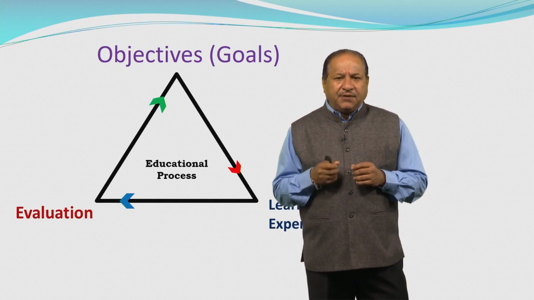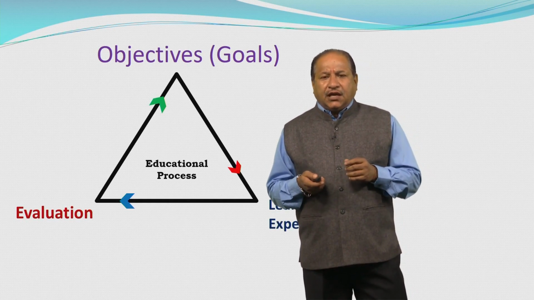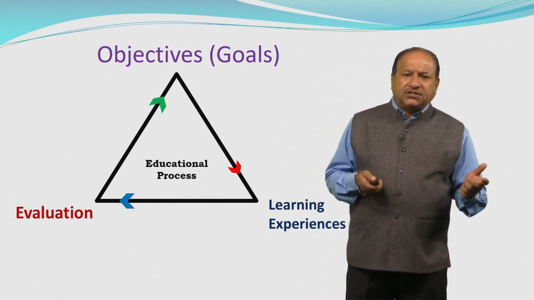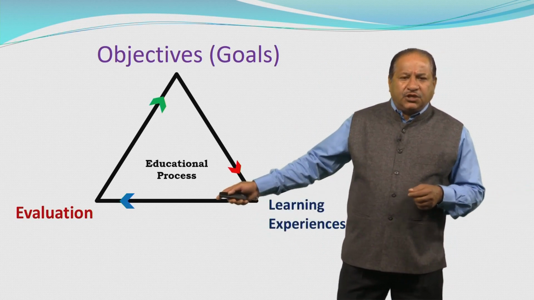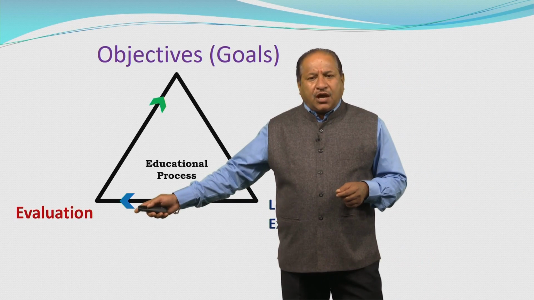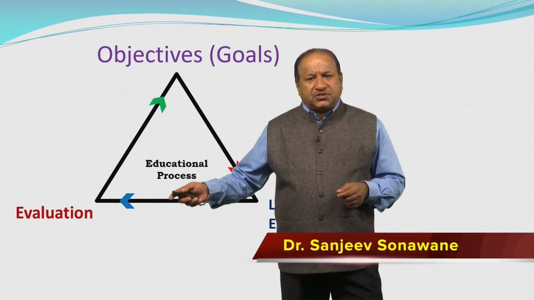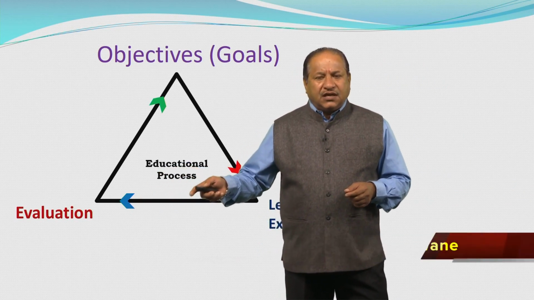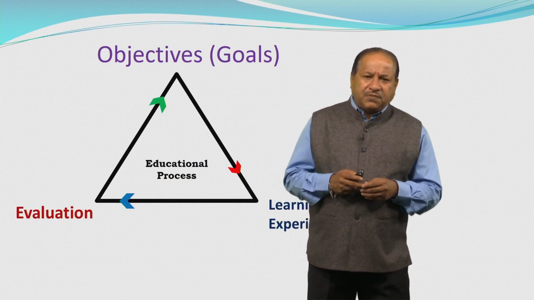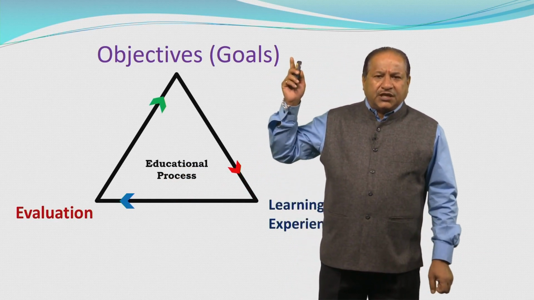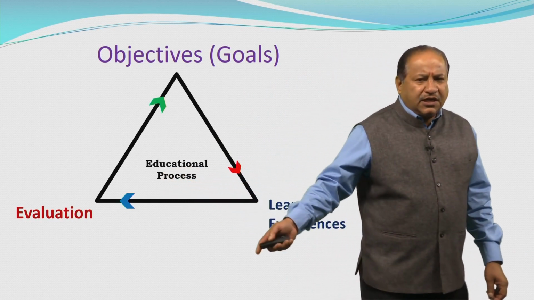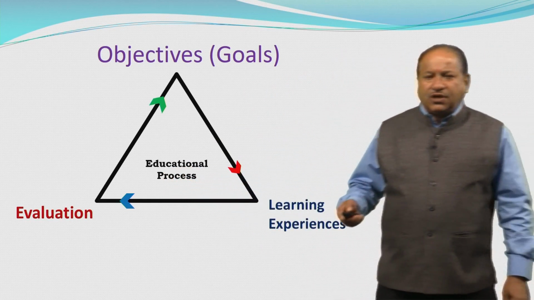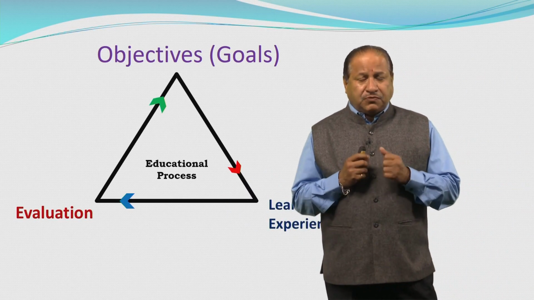But what happens sometimes, after collecting the evidence through this evaluation, we notice from the evidence that not all 100% of the objectives which we expect through these learning experiences are totally achieved.